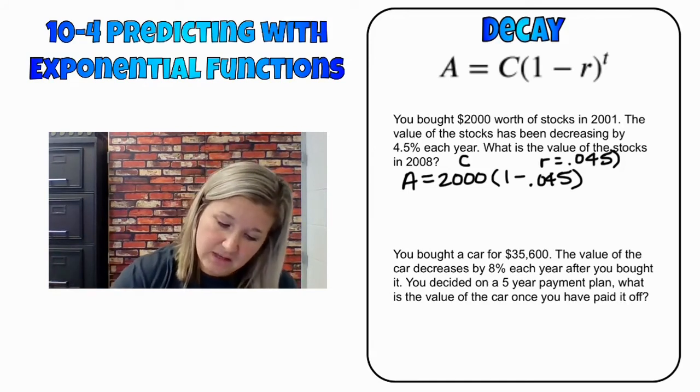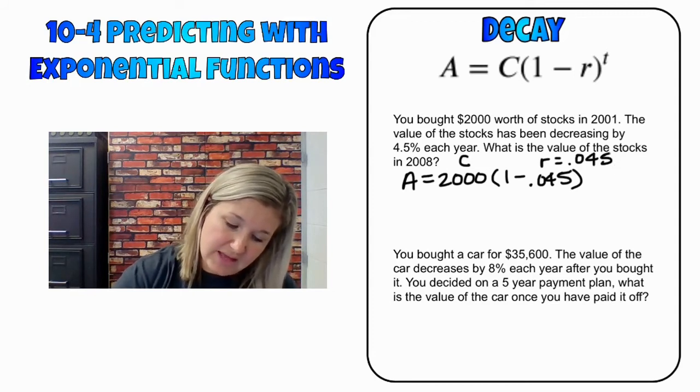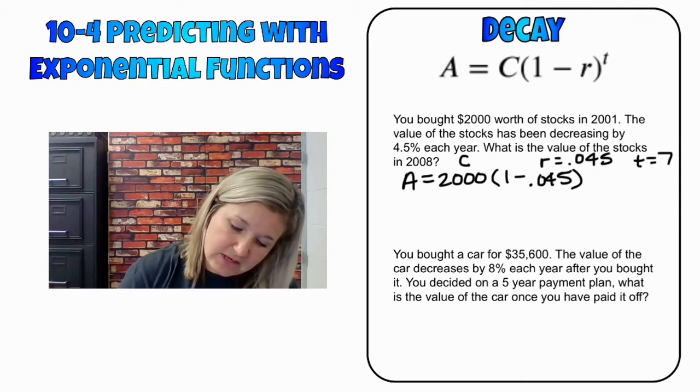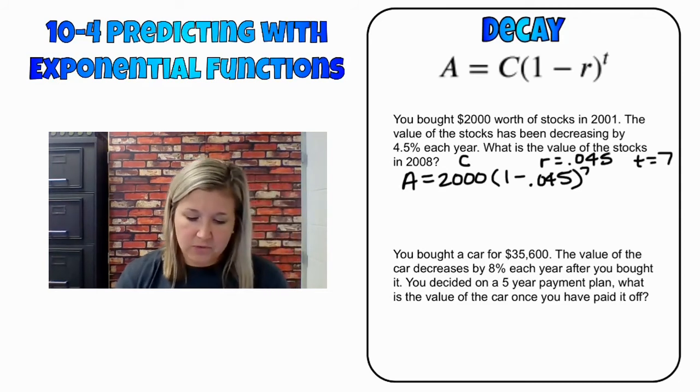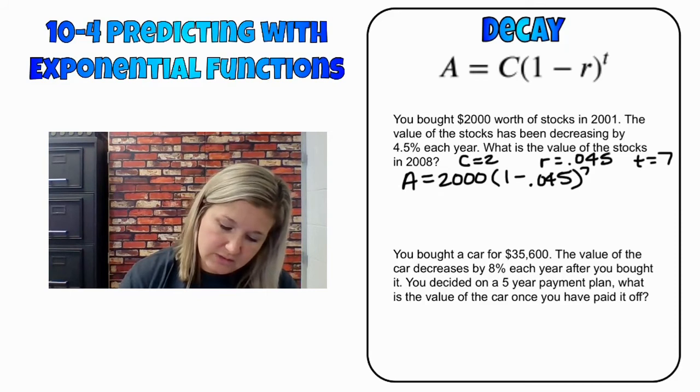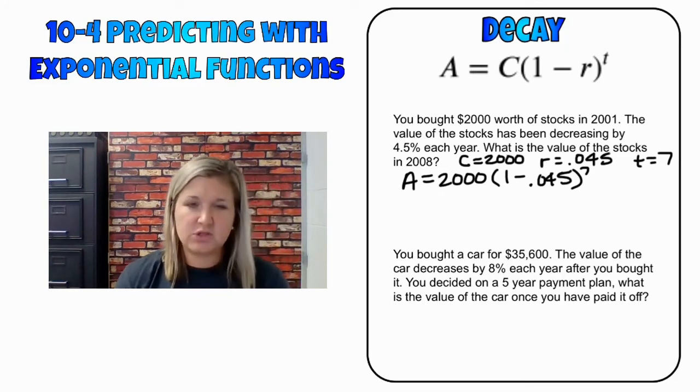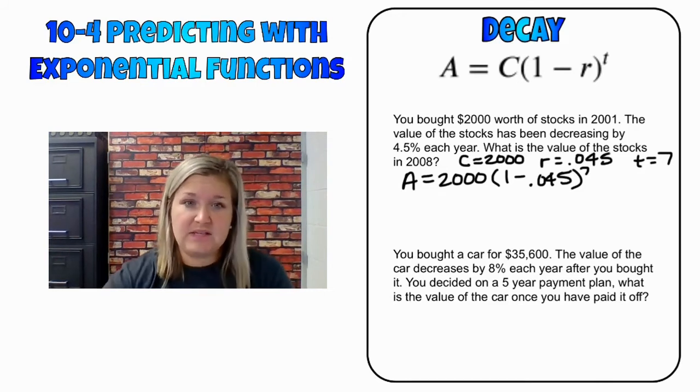So T is going to be the number of years, which between 2001 and 2008, T is going to be equal to 7 here. So raise to the 7th power. Okay, so C was equal to 2,000. That was our beginning amount. Sorry about that. I didn't write that in. I'm getting kind of rusty these days.